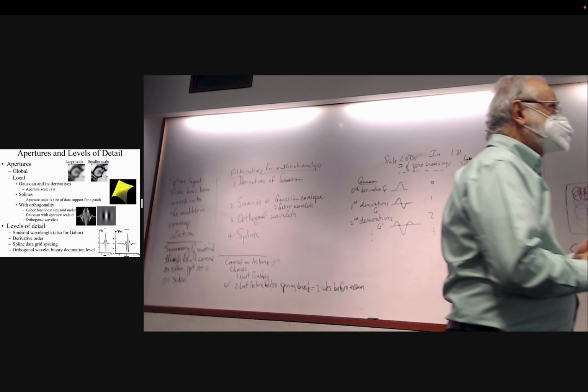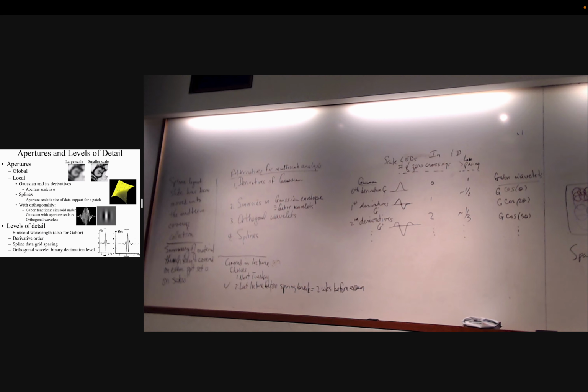Okay, so we were talking about the idea of apertures and levels of detail. And I want to make that a little bit clearer with reference to the main four, actually, of the alternatives for this multi-scale analysis.